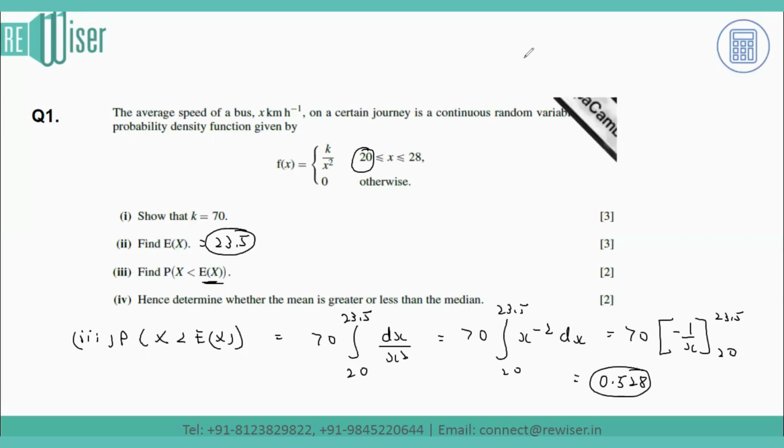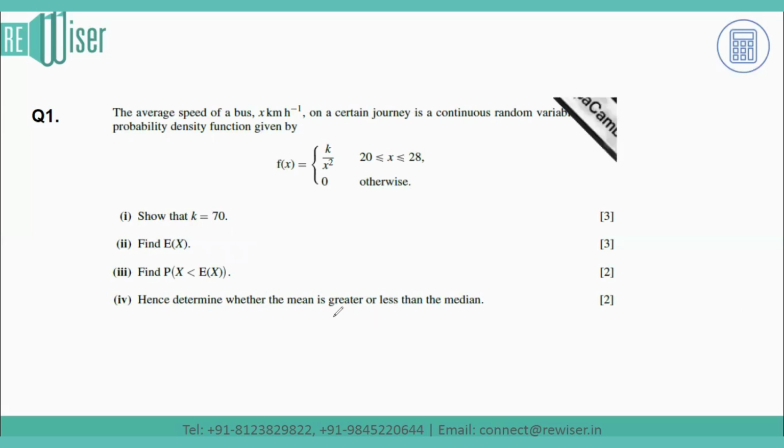Now moving on to the fourth part of the question, it says hence determine whether the mean is greater than or less than the median. The median value corresponds to the probability 0.5, the middlemost value. Now we have calculated the probability of the random variable x being less than the mean, the expected value, as 0.528.